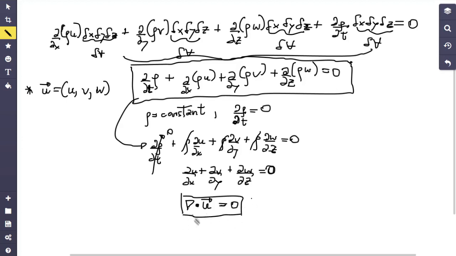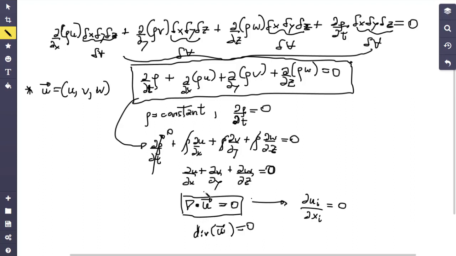Okay, and also we can write this as the divergence of u equals 0, and also in its tensor form, which is dui/dxi equals 0. Okay, so we have three forms here of writing the continuity equation for incompressible fluids.